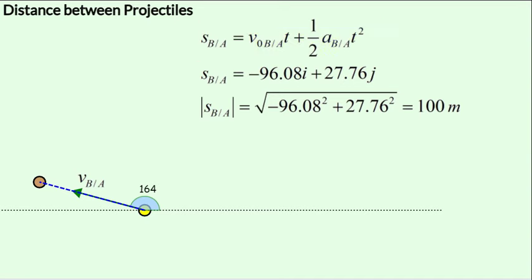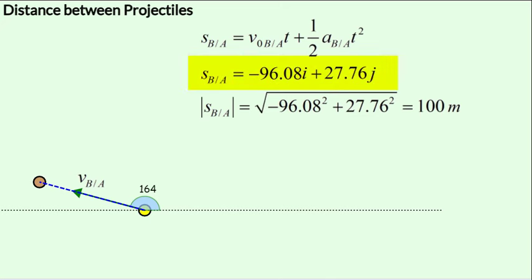The initial relative velocity v0 B with respect to A is minus 96.08i plus 27.76j. The acceleration of B with respect to A is 0, so this term will be 0. And we have to find the displacement after a second, so t in this equation would be 1.